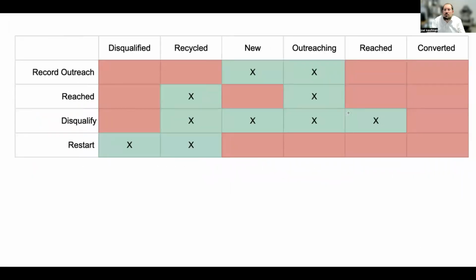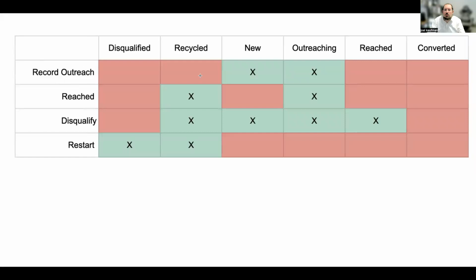Here is a visibility matrix of our action buttons. So we're going to have 4 action buttons to move across the process. We'll have a record outreach to record attempts of outreach. We will have a reached, which will mark the lead as reached, disqualified to mark it as disqualified, and restart to restart the process.